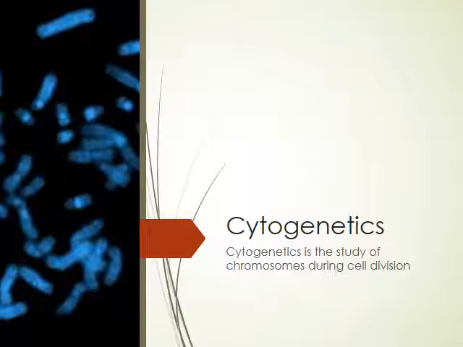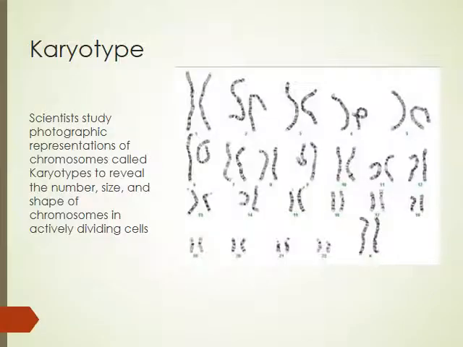When you're studying the movement of these chromosomes, you're studying cytogenetics. That is, the chromosome moving during cell division. You can see these things under the microscope. To study it, they look at karyotypes. Karyotypes are just pictures of the chromosomes that are sort of cut out and rearranged.